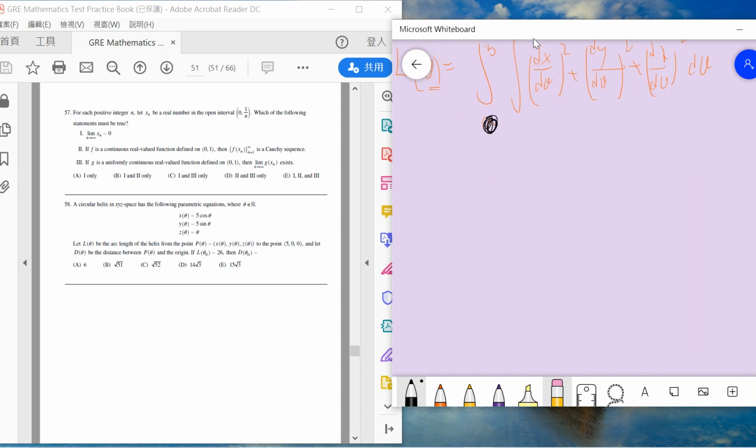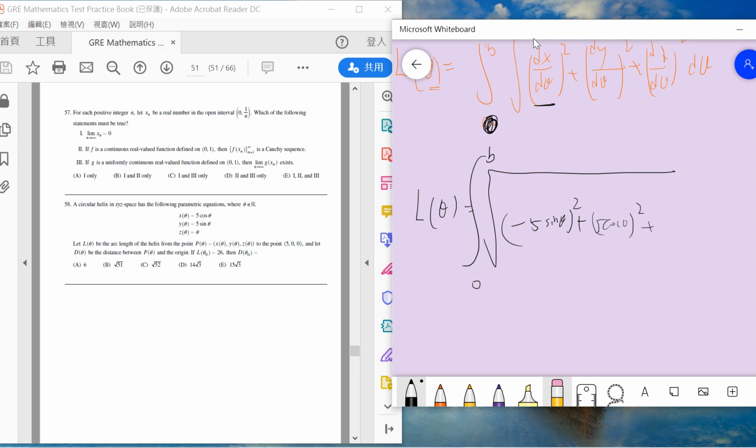We plug it into this one, from 0 to some B. The dx over d theta is minus 5 sine, and dy over d theta is 5 cosine, and the last one is 1, squared, d theta. So we have the square root of 26, integral from 0 to B of d theta. So B is the square root of 26.